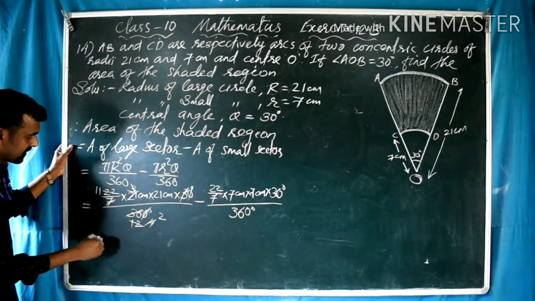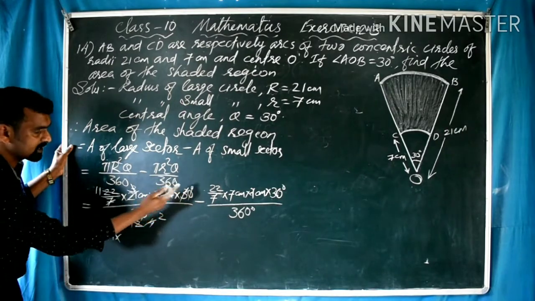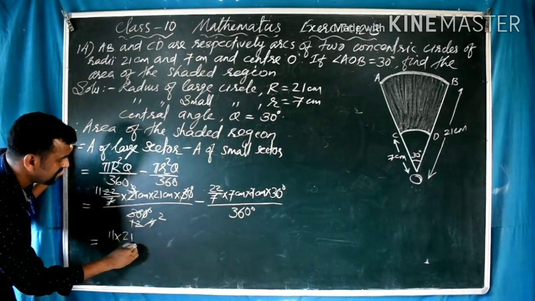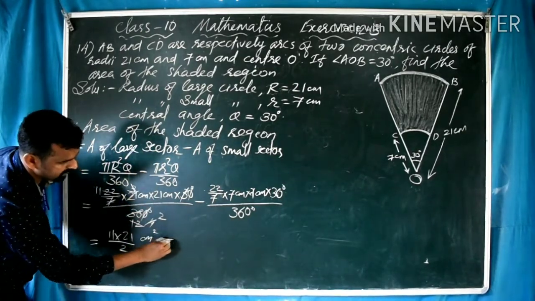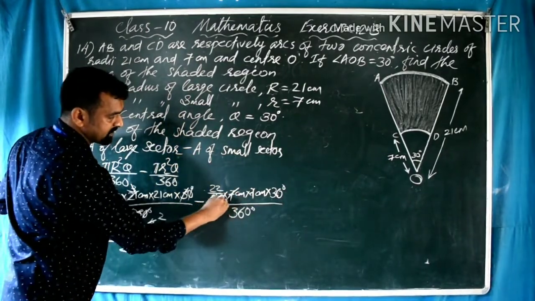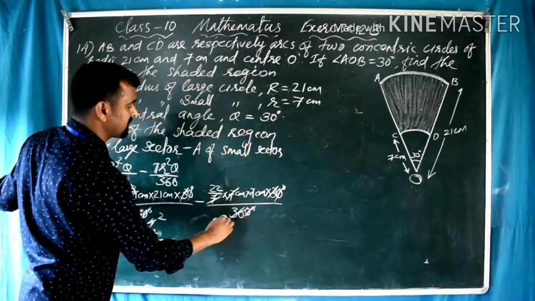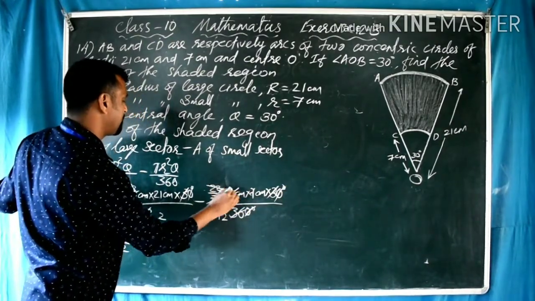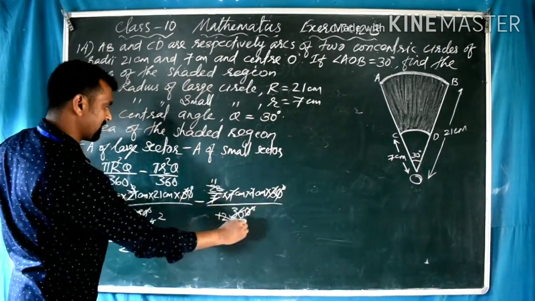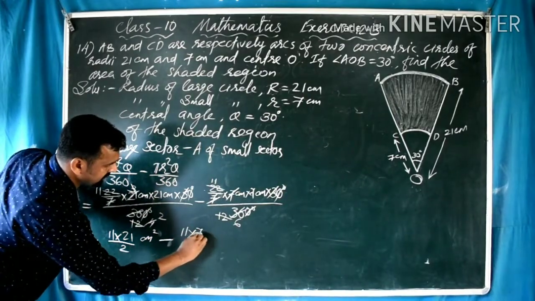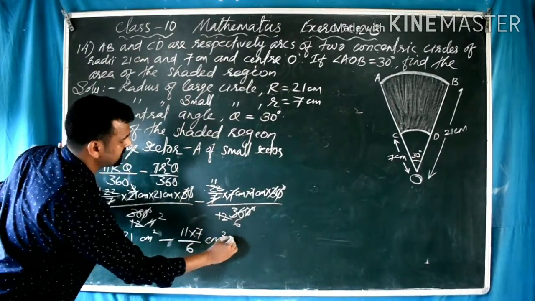Remaining in the numerator 11 into 21, denominator 2, centimeter square, minus, now here the 7s we can cancel, zeros cancel, 3 divided by 36 is 12, then 22 divided by 2 is 11, 12 divided by 2 is 6, 11 into 7 divided by 6, centimeter square.